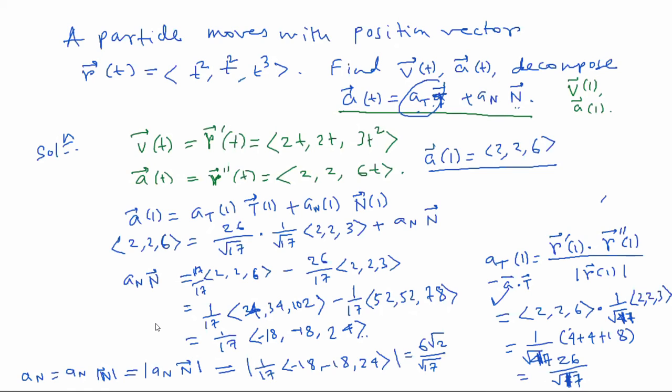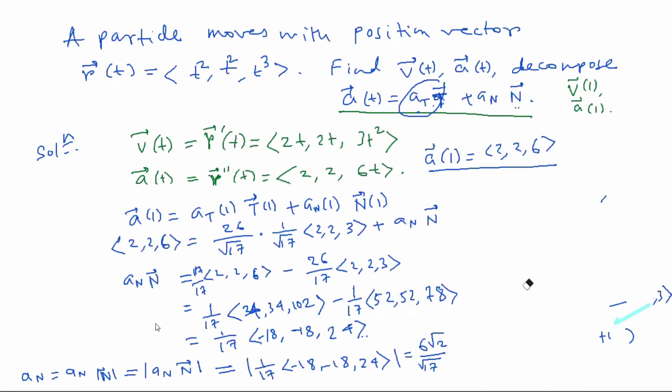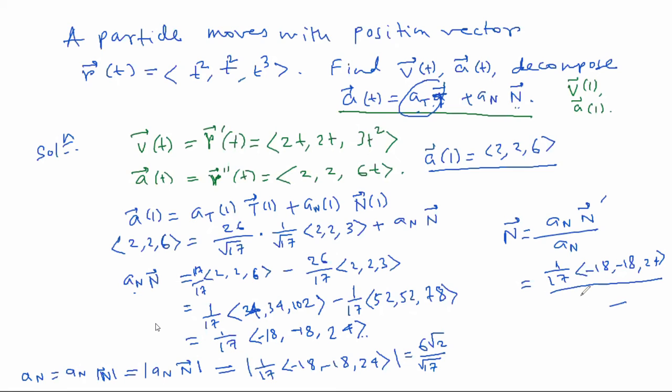So if you look at this one, the normal vector is what? The normal vector divided by n. So I already know a and n. So this is 1 over 17, negative 18, negative 18, 24. And we already know n, which is 6 square root of 2 over square root of 17.